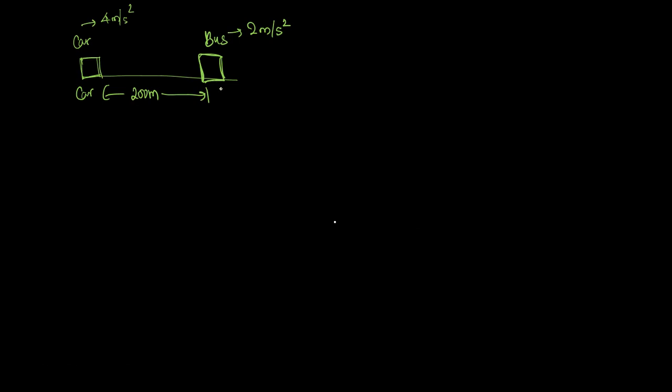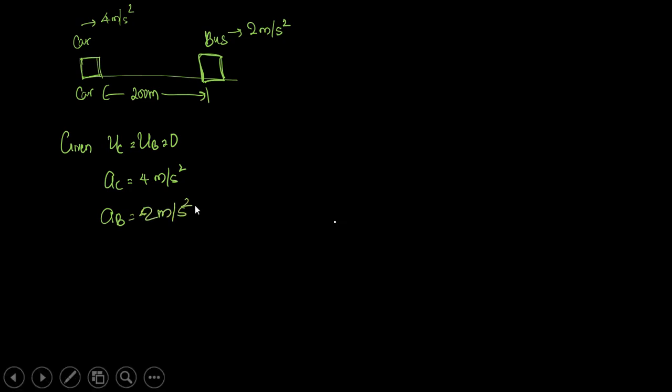This is my bus. Perfect. From the given, the initial velocity of car and bus is 0, acceleration of car is 4 meter per second square, and acceleration of the bus is 2 meter per second square.